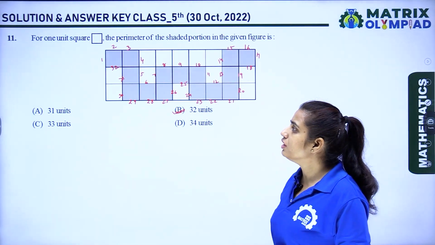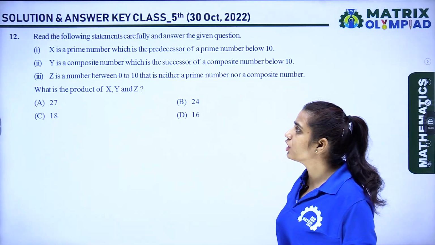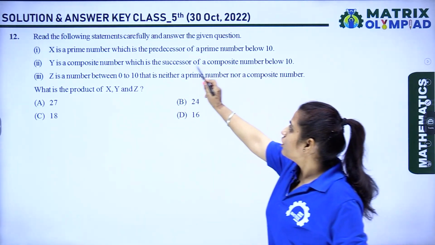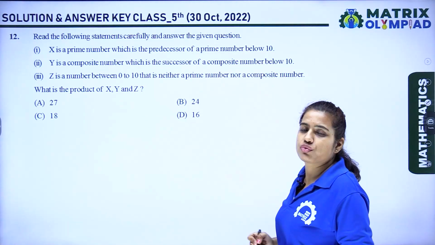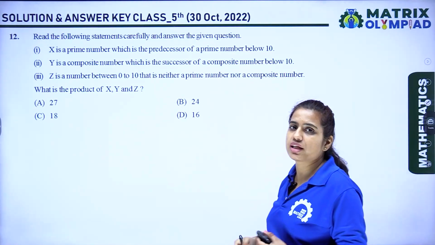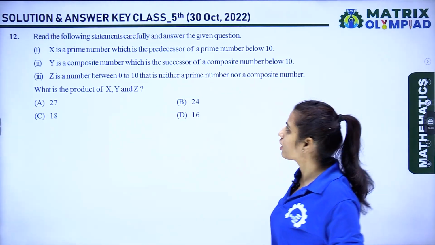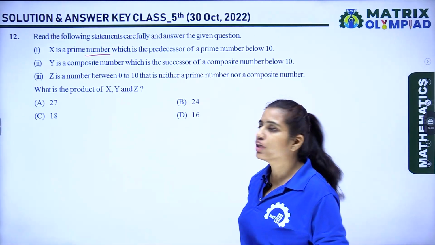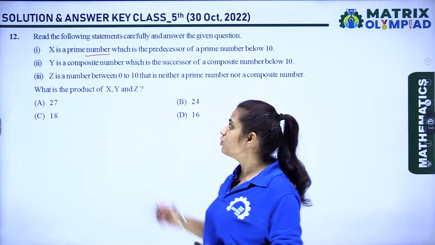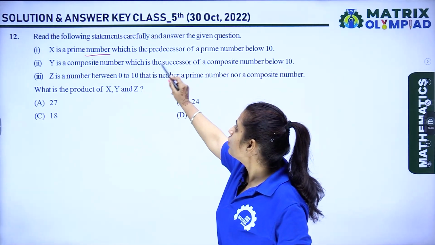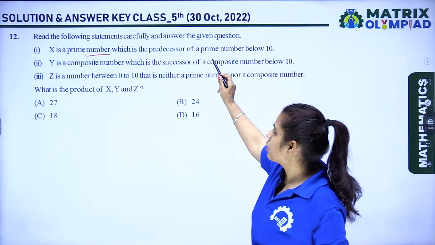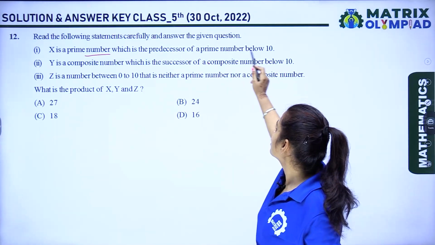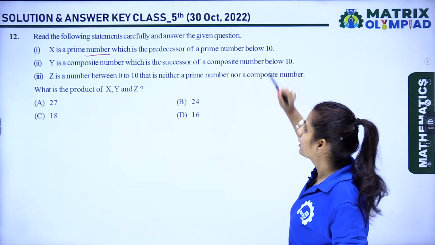Now let's begin with the next question. Question number 12. Read the following statements carefully and answer the given questions. We have to read the statement and then we have to find out the answer. X is a prime number. Here we are given with variable x, which is a prime number, which is the predecessor of a prime number. It is already a predecessor of a prime number below 10.